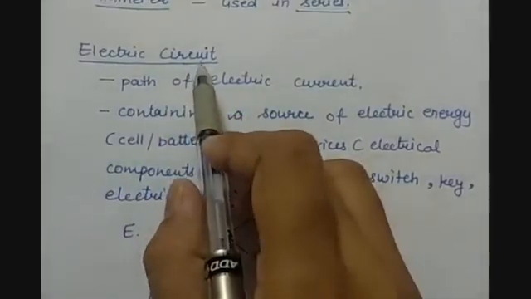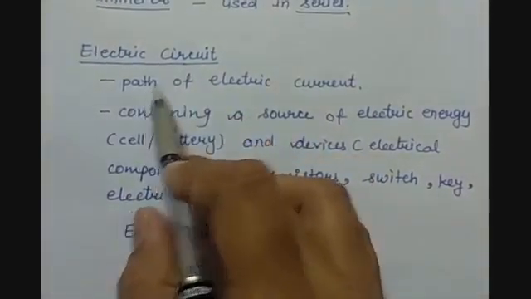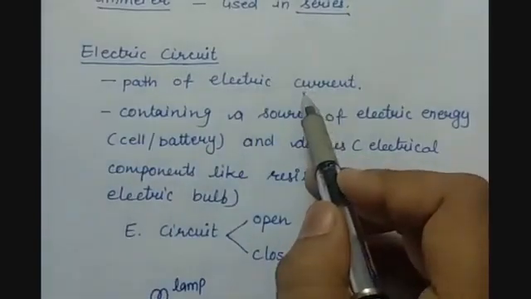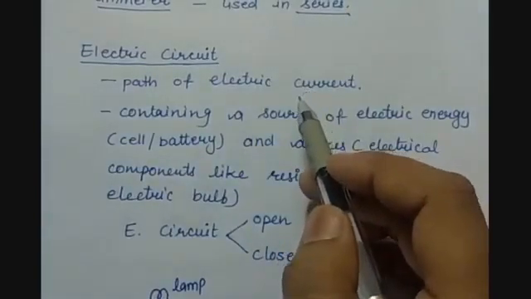Electric circuit is basically the path of electric current in which the electric current flows.